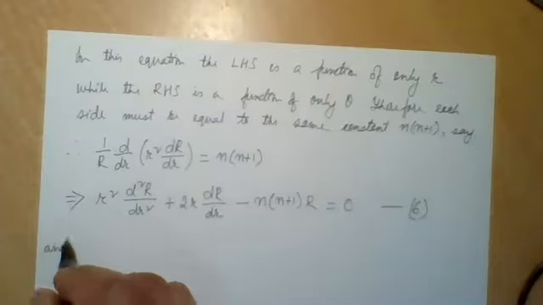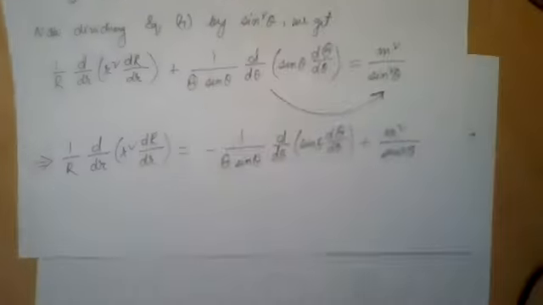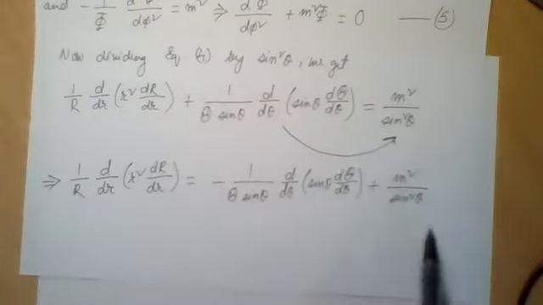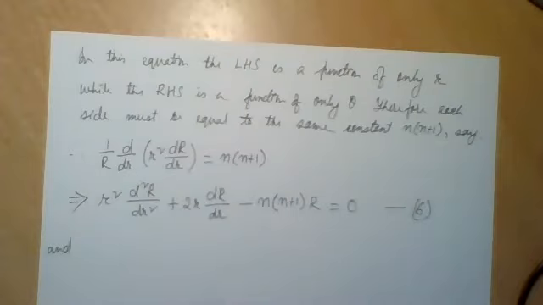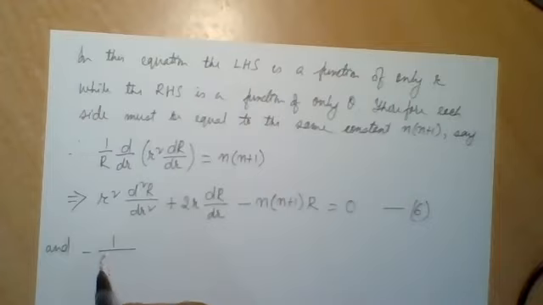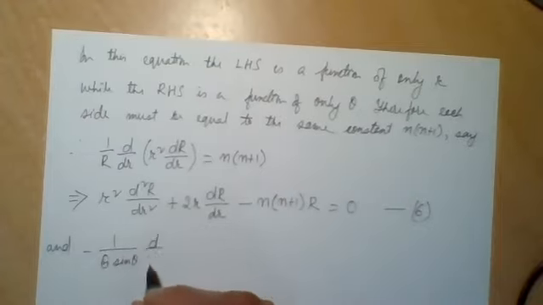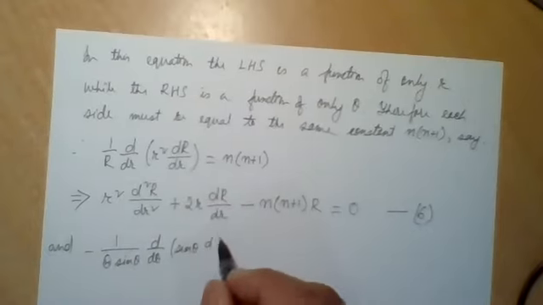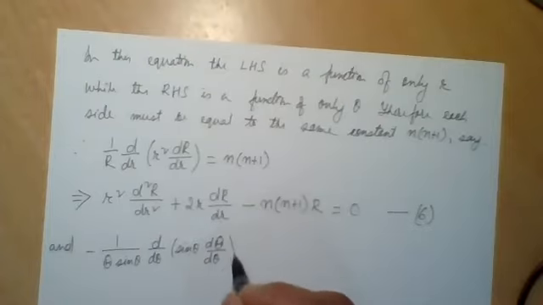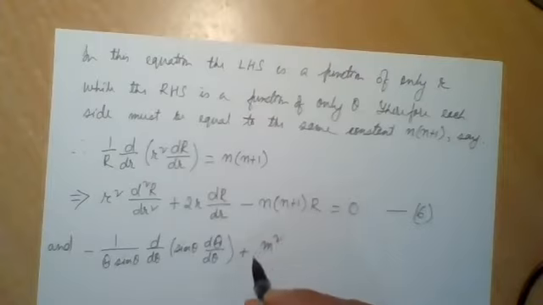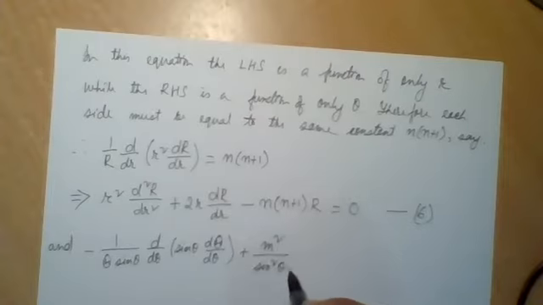And we also have to equate the theta dependent part to n into n plus 1. So we should have minus 1 by capital theta sine theta d by d theta of sine theta d capital theta by d small theta, plus m square by sine square theta.